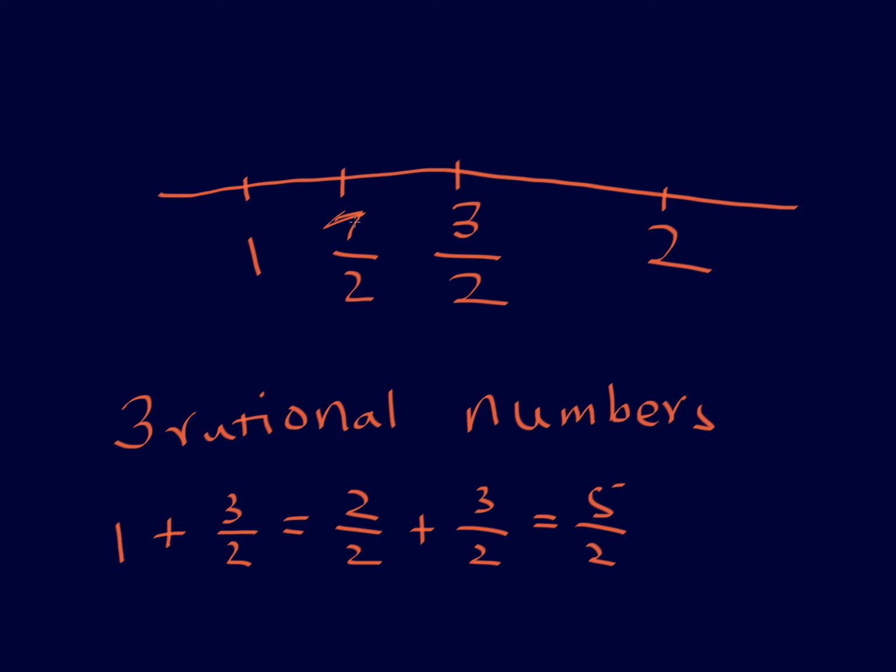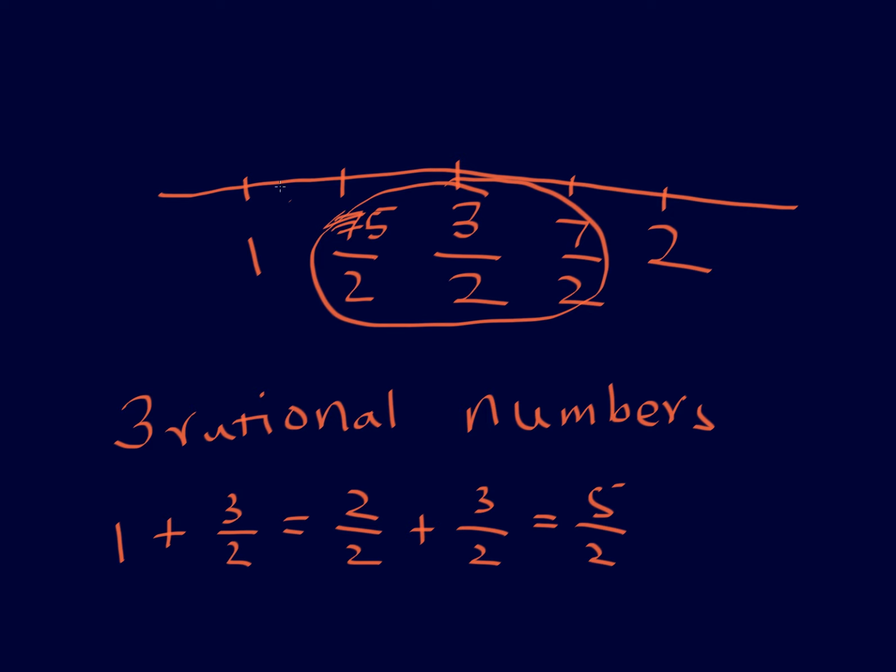Okay, there's a mistake here. Mistakes are common in mathematics, you just need to know how to correct them. So we have 5 over 2 over here, and there will be 7 over 2 over here. So these are the 3 rational numbers between 1 and 2.